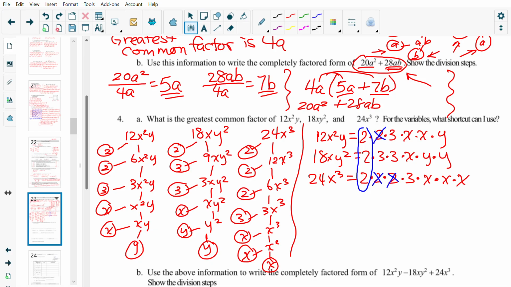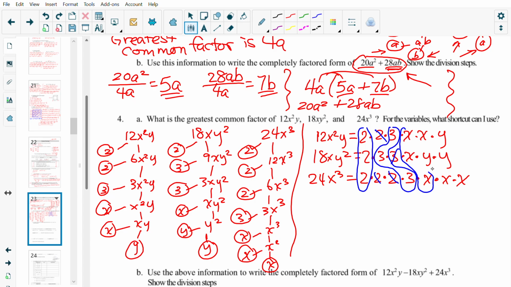So all the other 2's are going to be eliminated. 3, I see 3's for all three, so I'm going to do this. I can see that we've run out of 3's, so I'm going to eliminate this other 3.